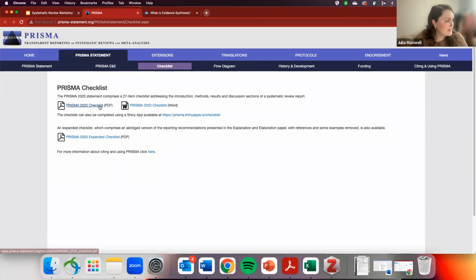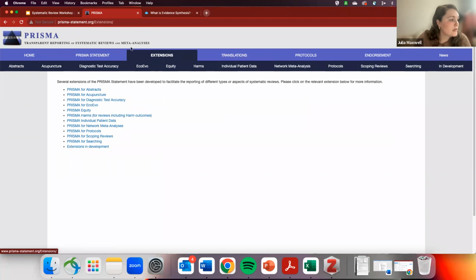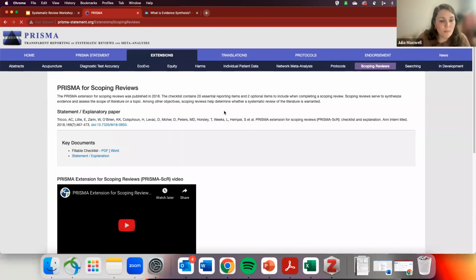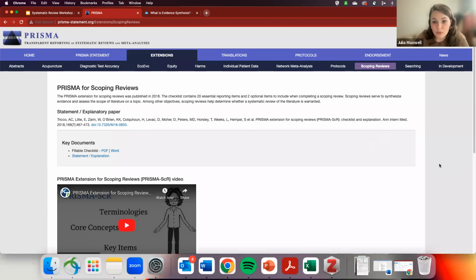So it's a statement, it's a checklist. There's also an expanded checklist, if you want more elaboration, but most systematic reviews, when you read them in the methods, they'll say we followed PRISMA. There's a separate extension for scoping reviews. So if you're writing a scoping review, there's a version for that.